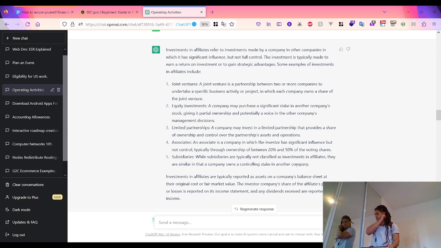Subsidiaries. Even though typically this is not an investment in affiliate, they are similar in that a company owns a controlling stake in another company. Very, very interesting.